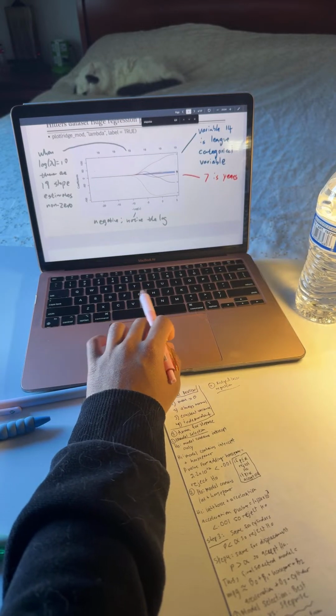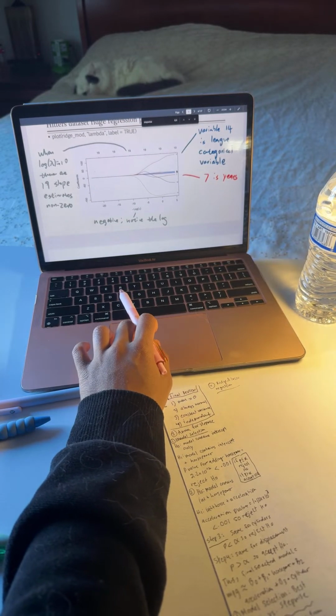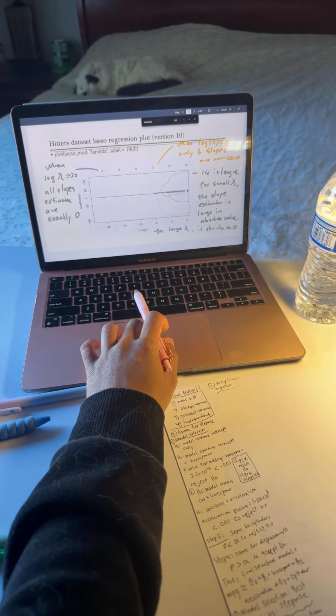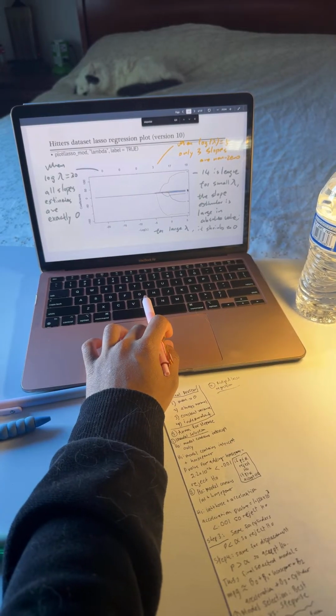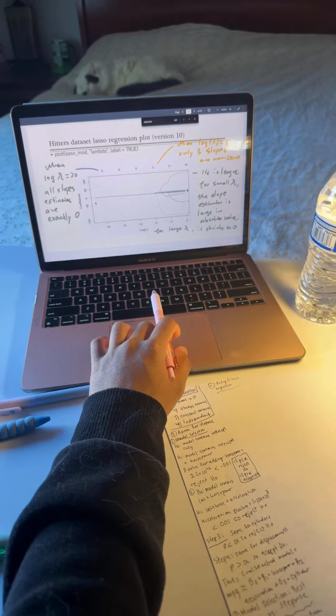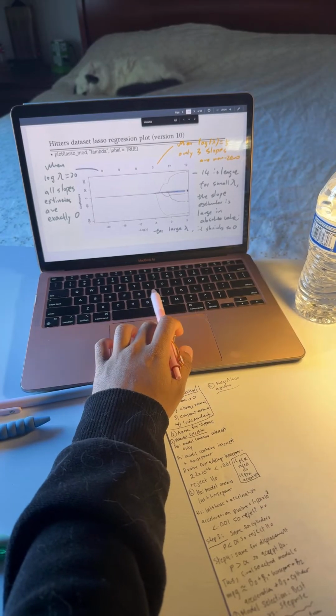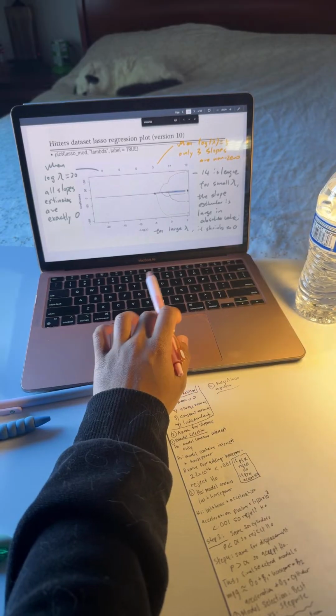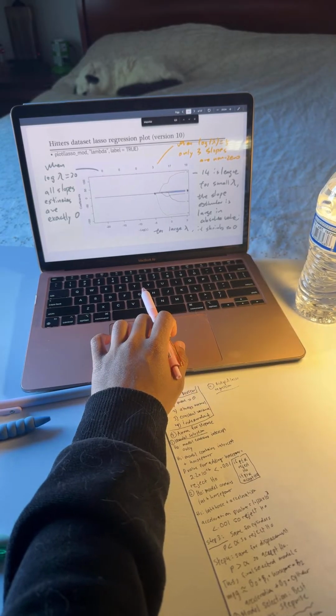Why is it negative, if this is just 10? Oh my god. So when log lambda equals 20 or 30? 20? Okay, 20. All slope estimates are exactly 0. Got it. When log lambda equals 5, okay, only 3 slopes are non-zero.